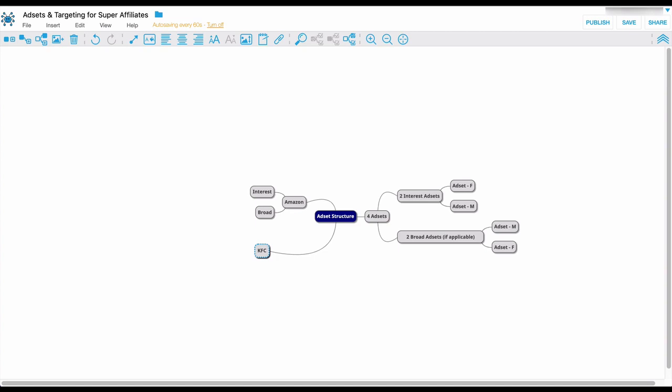That's how I would set it up. Because even though a lot of people know about KFC, you can't expect everybody on the street to pick up that KFC voucher. Not everybody's interested. Some people are on diets. Some people just don't like chicken. Some people don't want to eat fast food. It doesn't appeal to everybody. So I wouldn't run that as broad. I'd run people that are interested in KFC. And that's how I target that particular offer.